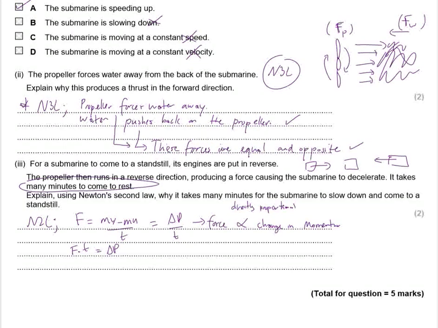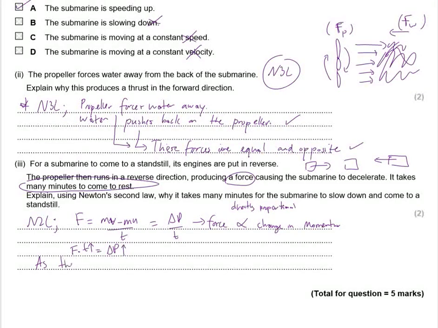Since time is bigger, it means that the change in momentum needs to be bigger, because in this case we're not increasing the force or doing anything, we're just increasing the time. So how can this be affected? The change in momentum has to be affected, because the mass does not change. I'm thinking the velocity is going to be affected. Okay, so here we go.